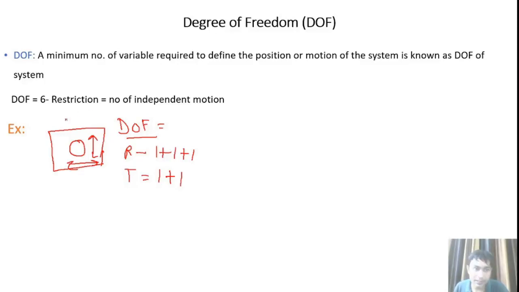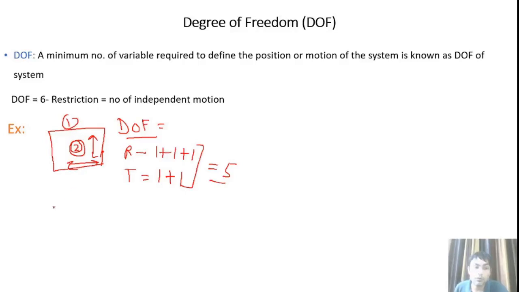No, because if this is link 1 and this is link 2, and we try to translate along z-axis, then there is no net contact between link 1 and 2. It will come out this way, then there is no contact, then there is no pair. So count the number of independent motions: 3 plus 2 is equal to 5.